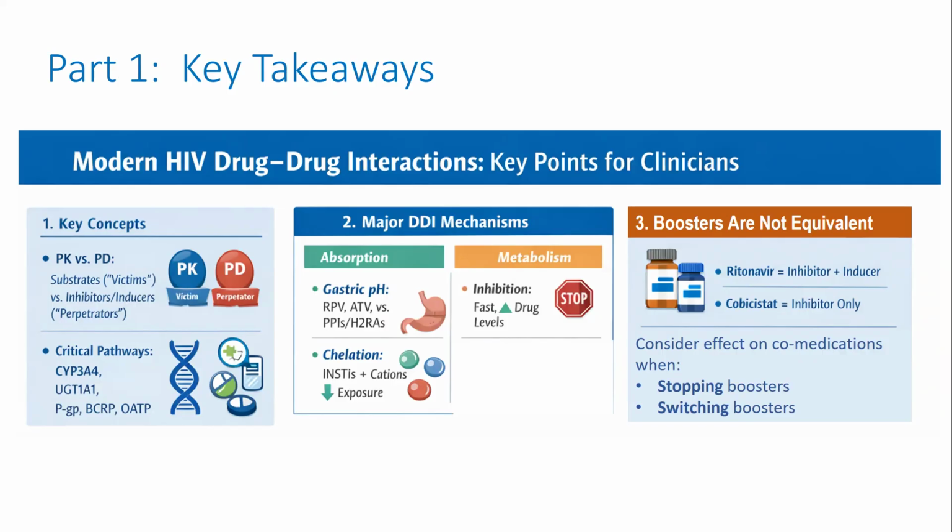Inhibition interactions are very important and can increase concentrations of other drugs, which can either be a good or a bad thing. And these interactions generally have a quick onset and offset. And finally, we talked about some of the similarities and differences between boosters. So it's important to keep in mind not only when you're stopping boosters, but also perhaps switching boosters, and to assess the impact of co-medications.